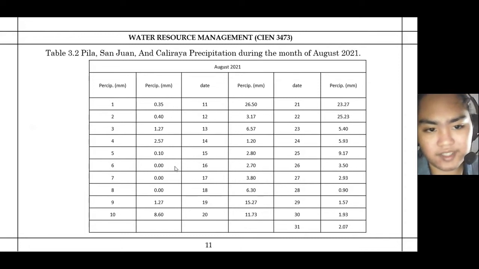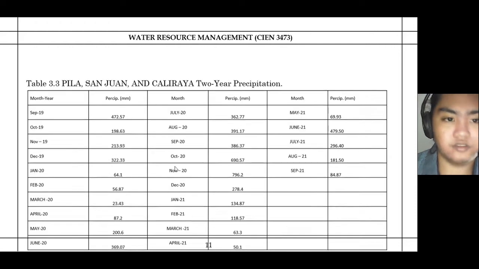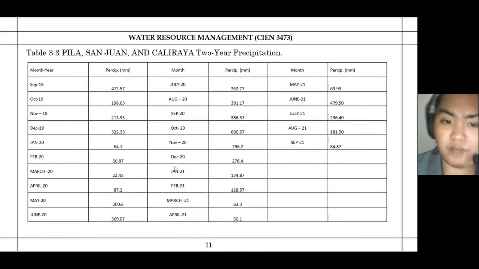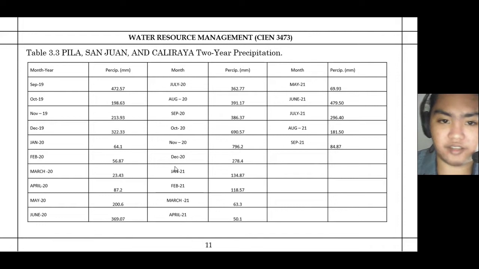This table represents the data of the three areas for the rainfall amount for the month of August 2021. Table 3.3 represents the 2-year precipitation rainfall data from World Weather Online for the three sub-basins.